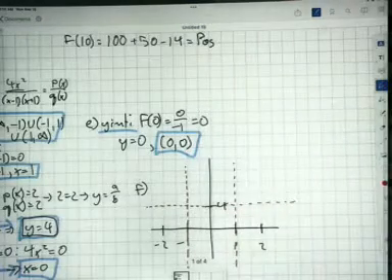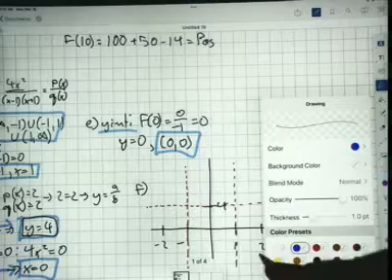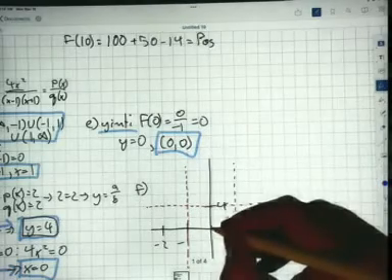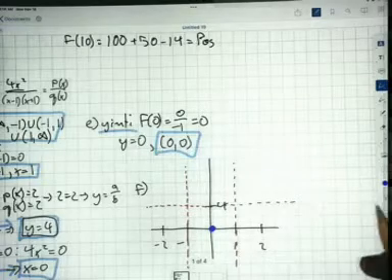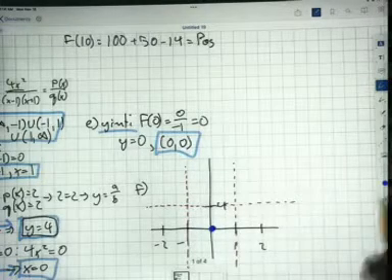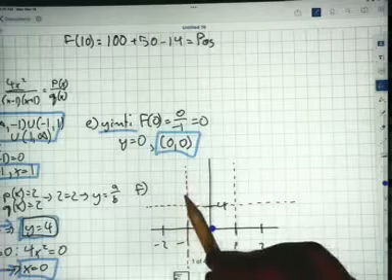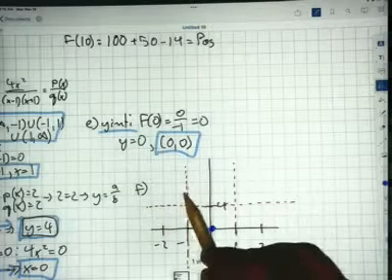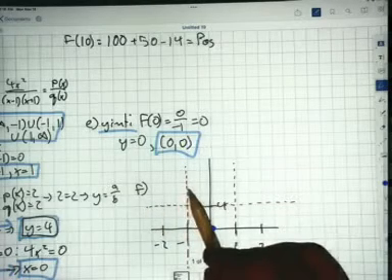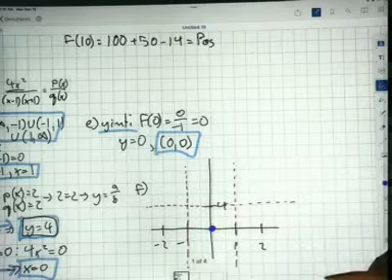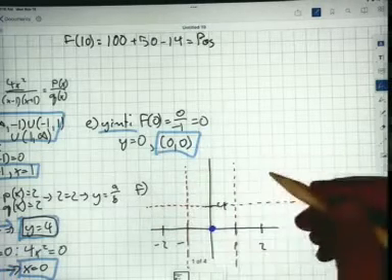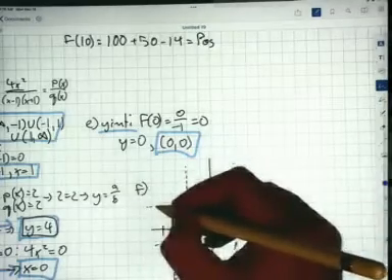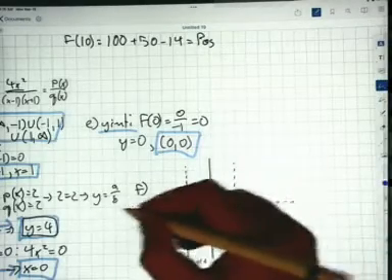And the only other bit of information that I have is that I have an x-intercept and a y-intercept here at the origin. We need to get a sketch of this function. So let's start off with what's to the left of this vertical asymptote. Now, what are our options here? The graph is going to converge to this horizontal asymptote no matter what.